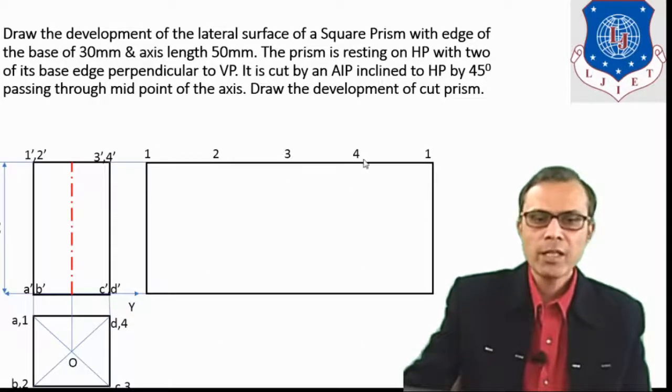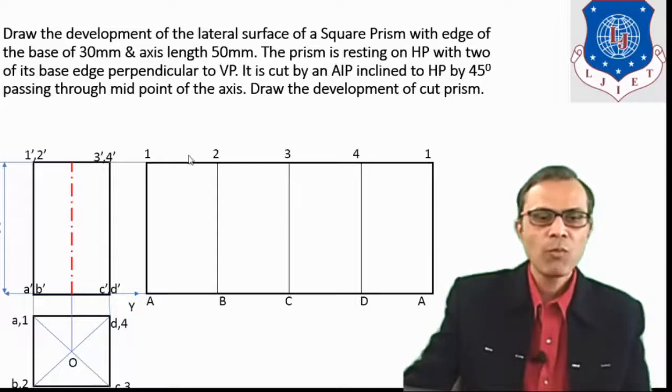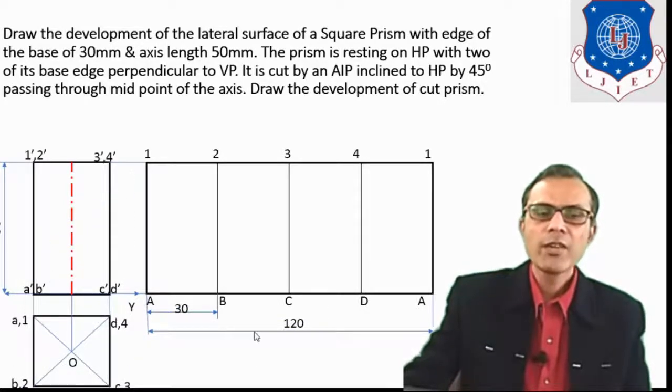So it is a rectangular surface which we obtain when opened out, and these are the notations A, B, C, D, A for the bottom points and 1, 2, 3, 4, 1 for the top points. All these lines 2B, 3C and 4D are the folding lines. Write down dimension 30 mm and total 120 mm.